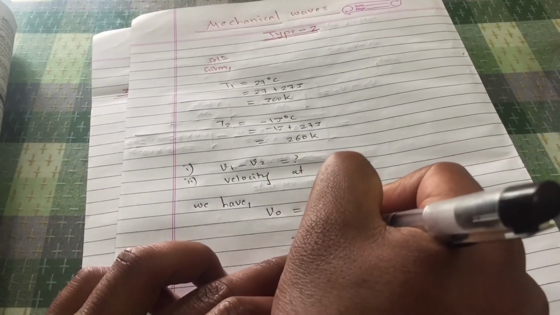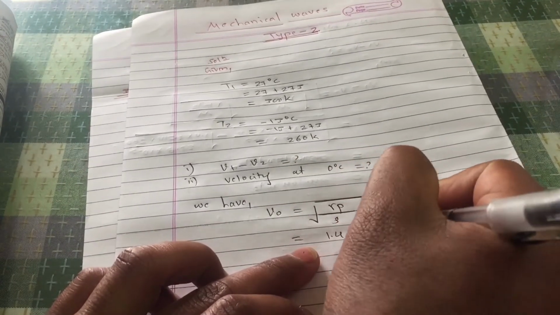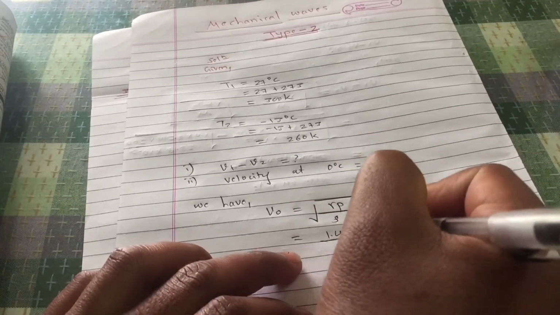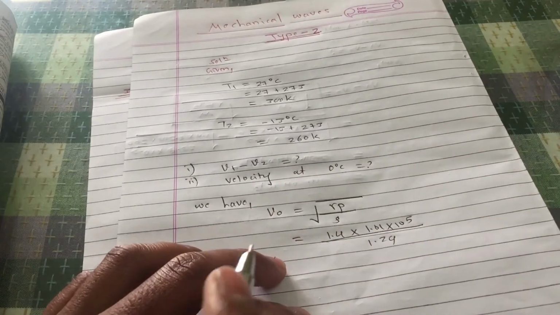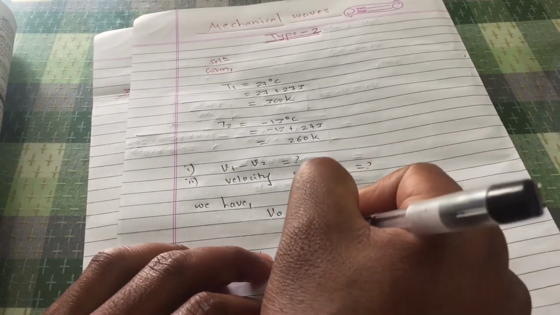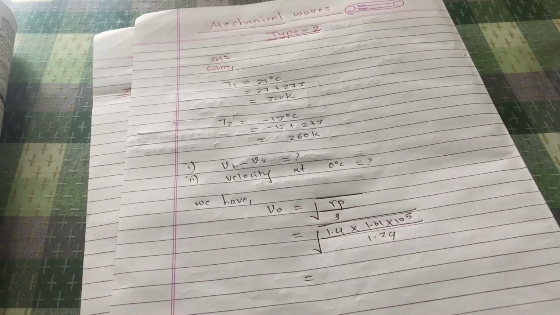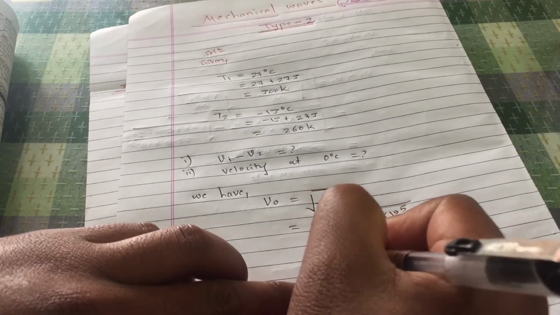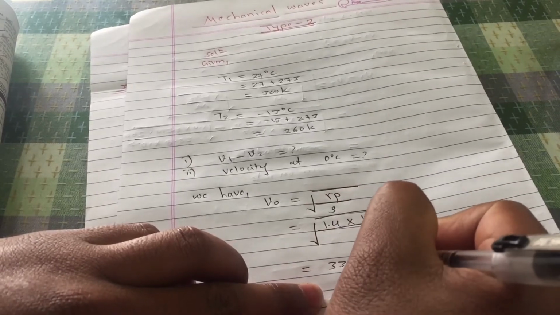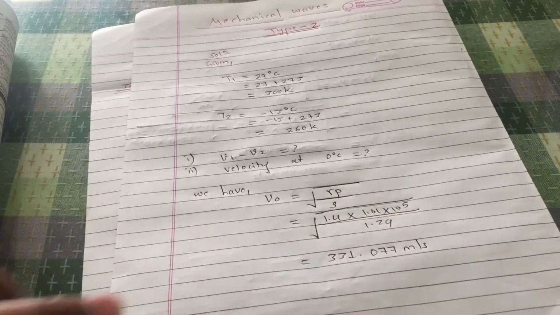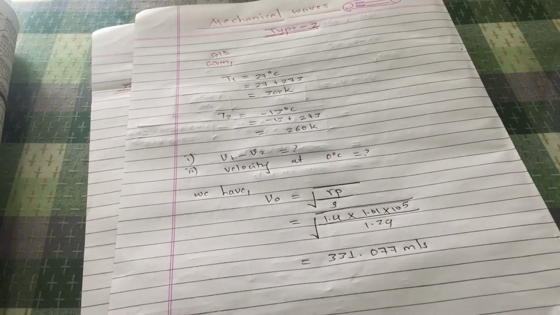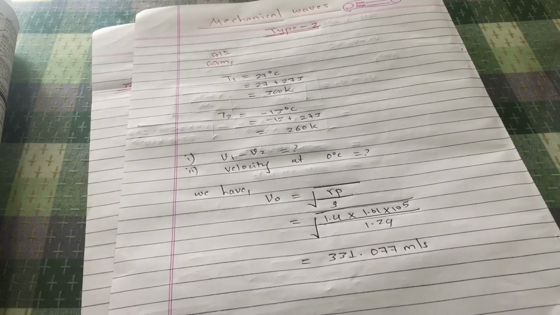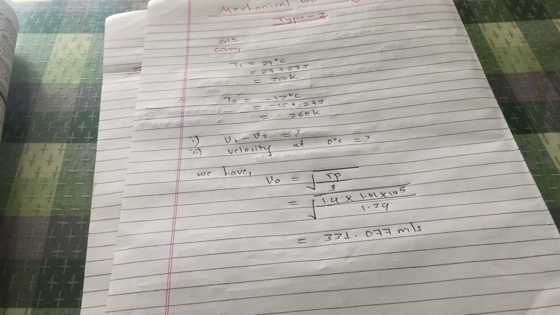Gamma's value is 1.4, pressure is 1.01 into 10 to the power 5, rho is 1.29, or you can write 1.293, under root. So let's calculate. Its value comes 331.077 meter per second. This is the answer.